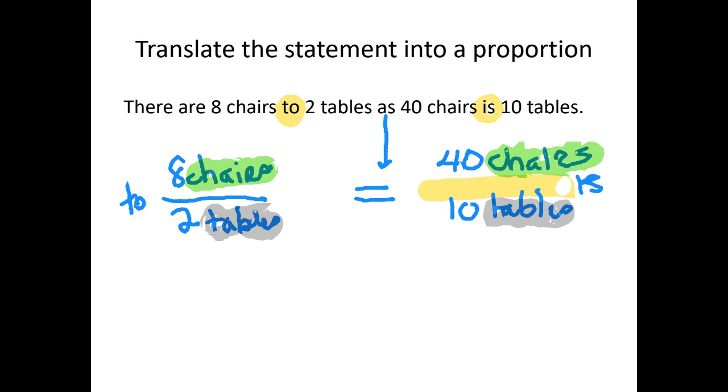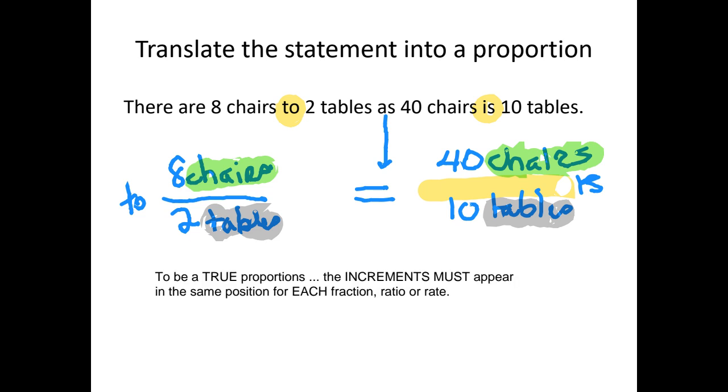They must appear in the same position. If I had this fraction flipped where chairs was on the top, it's not a true proportion. They've got to be in the same position, which is what makes story problems so nice. Because the basic rule of a proportion when you are solving it in a story is the increments must appear in the same position.